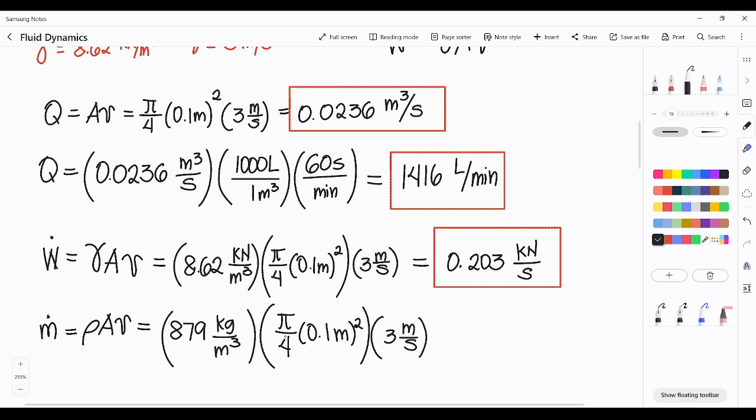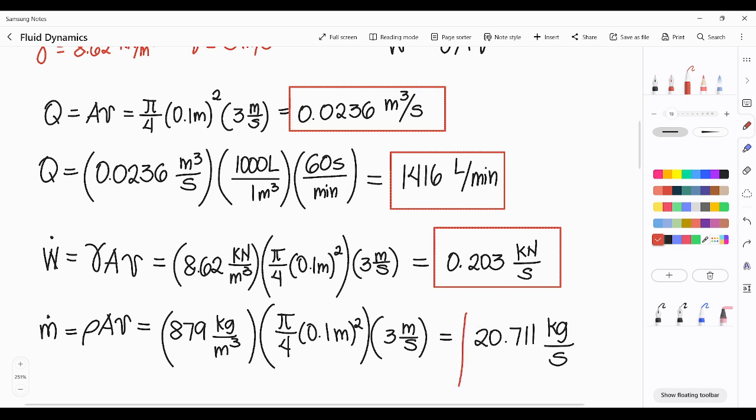The resulting unit, the cubic meters will cancel out, and we will be left with kilogram per second. Pressing that into our calculator, we arrive at the value of 20.711 kilograms per second. That is our mass flow rate.